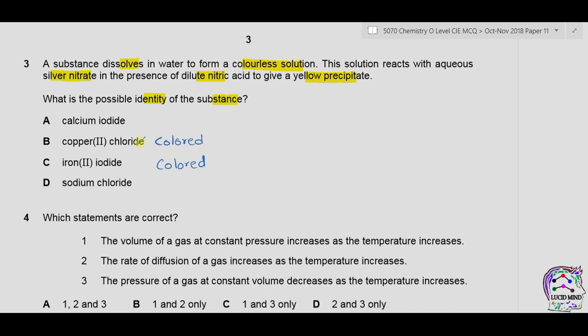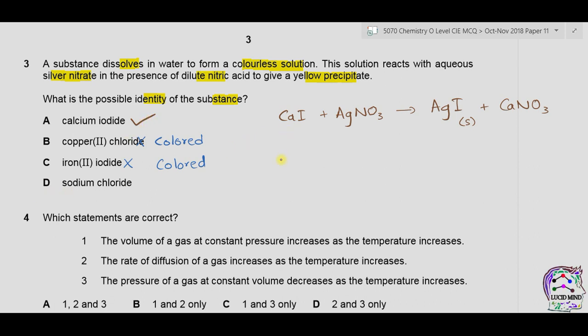So B and C are incorrect. Then we have calcium iodide and sodium chloride. Now in the presence of silver nitrate, calcium iodide can react to form silver iodide and calcium nitrate. Now silver iodide is a yellow precipitate, so therefore A could be the correct option.